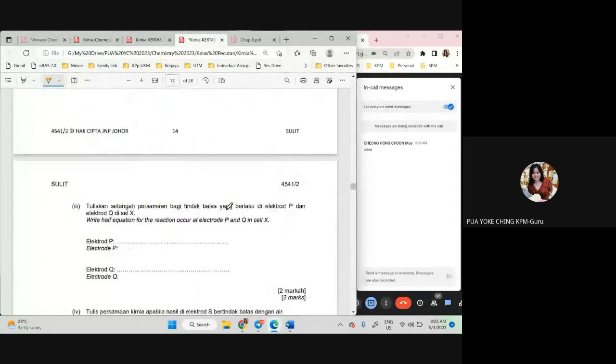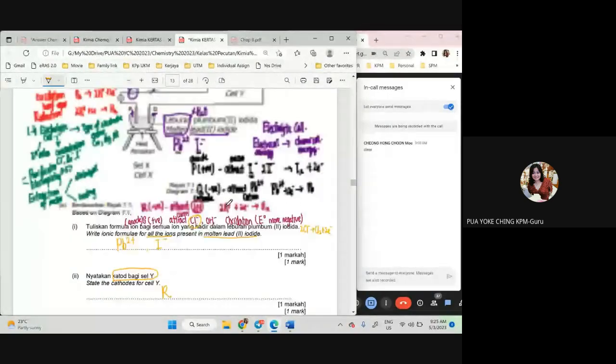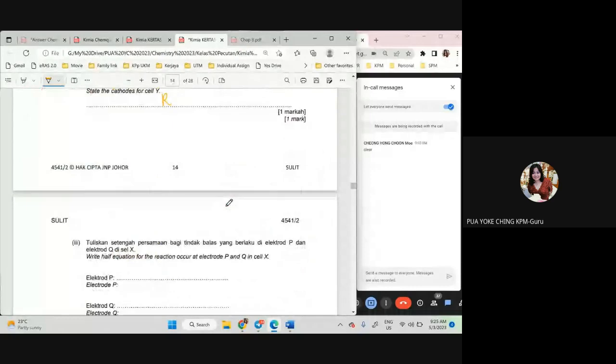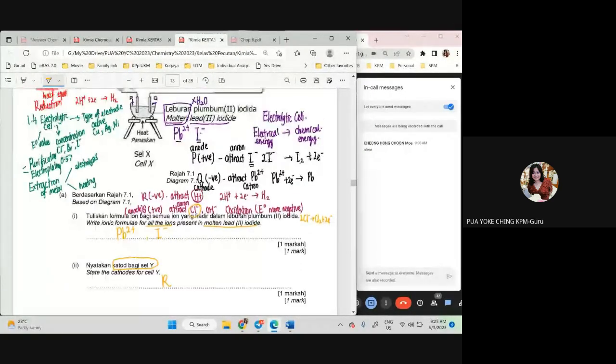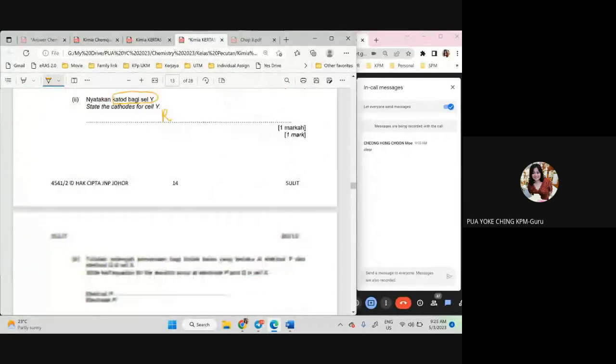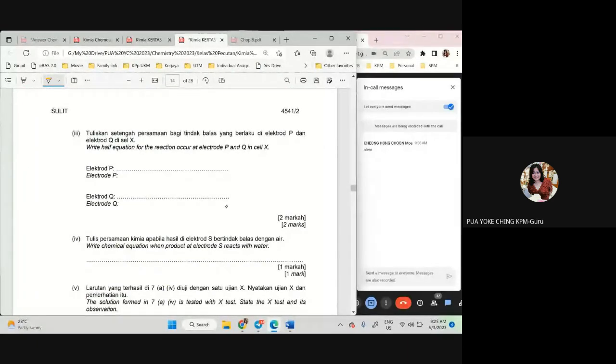Okay, next part. Write the half equation of P and Q in cell X. So, P and Q dan cell X tadi saya dah bincang. Okay, kita ulang balik. P adalah positif, Q adalah negatif. You takut you salah, then you label macam cikgu. So, dalam cell X, saya hanya ada Pb2+ dengan I minus.